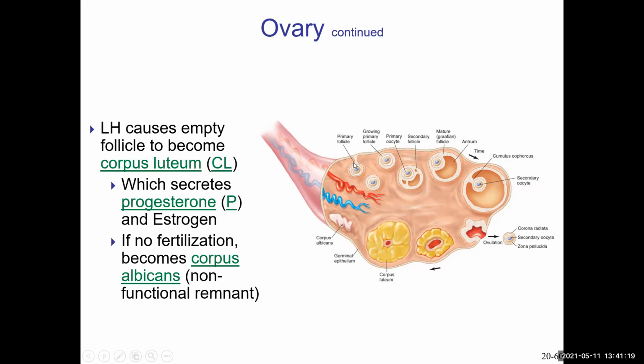Slowly these primary follicles with primary oocytes grow inside. The follicular cells grow in size, and these are called growing follicles.